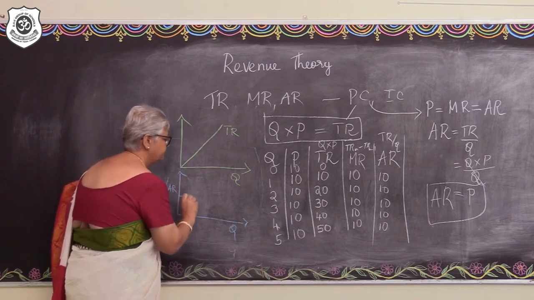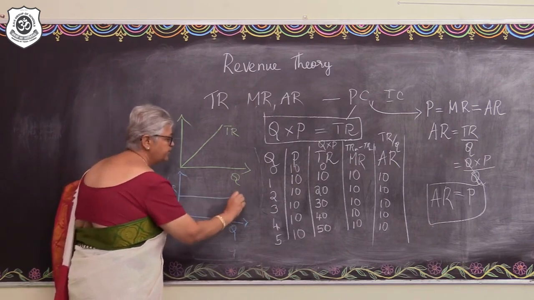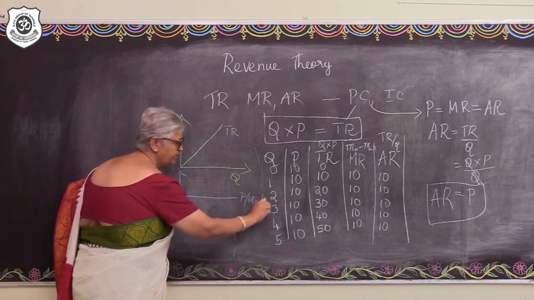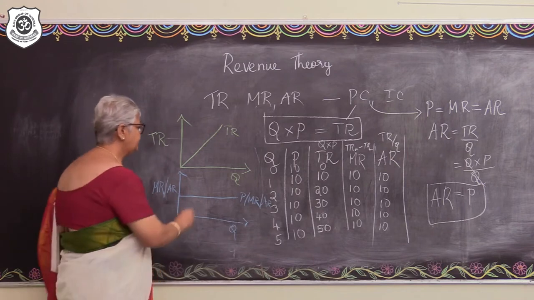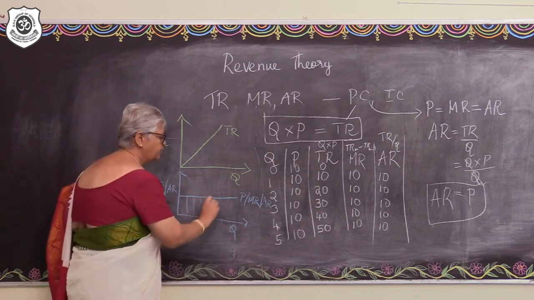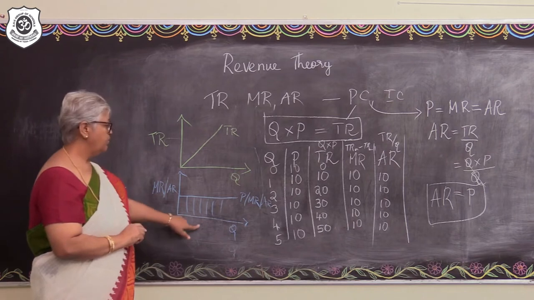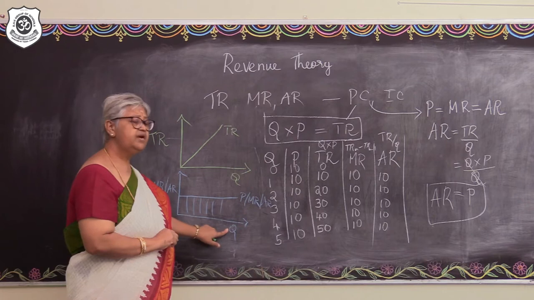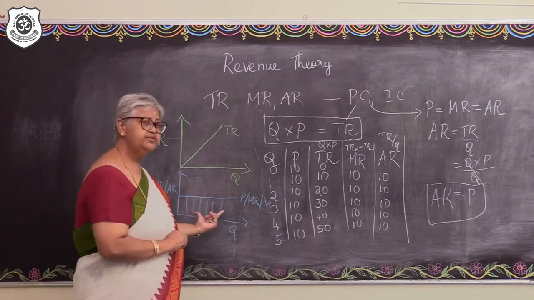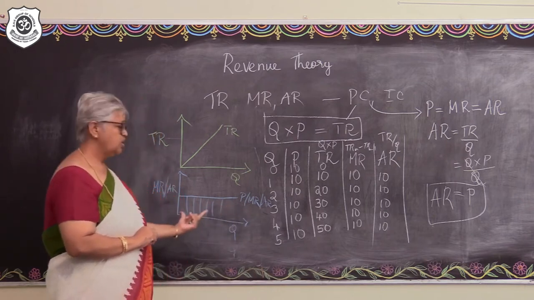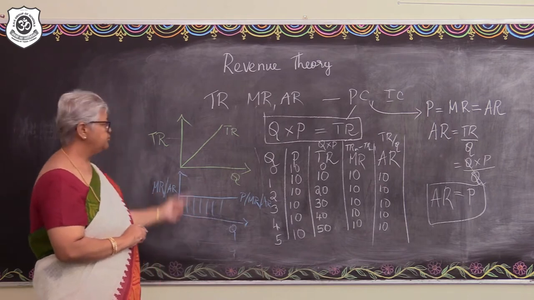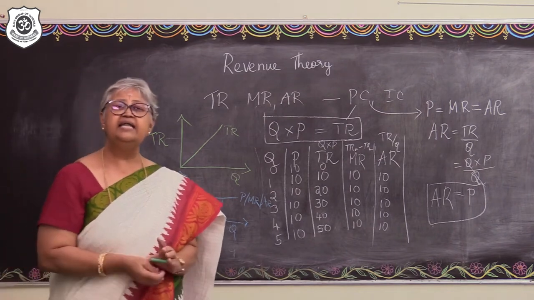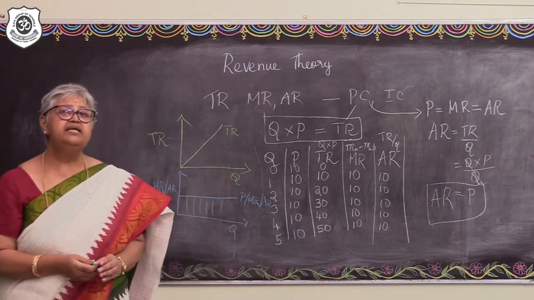So this could be the shape of the price, the marginal revenue and the average revenue in a perfectly competitive market, indicating that at all levels of output, whether the output is zero or some specific small amount or a very large amount, the marginal revenue and the average revenue remain constant. Fine? Yeah. So this is the behavior of the total revenue, marginal revenue and the average revenue in a perfectly competitive market.